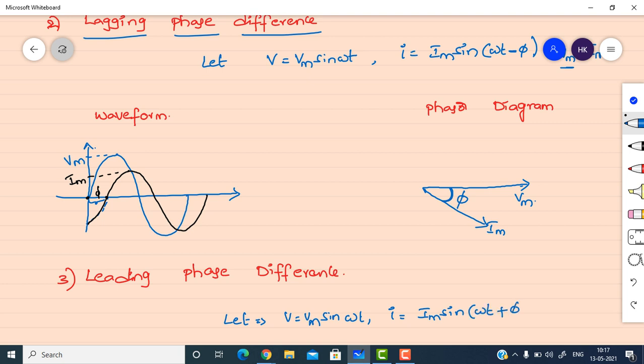This plus sign indicates this is in leading nature. And again Vm is greater than Im. So these are the equations. Now draw the waveform and phasor diagram.